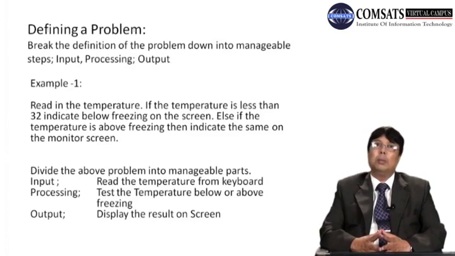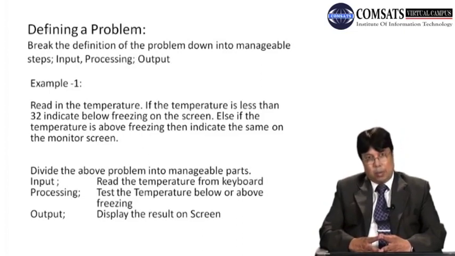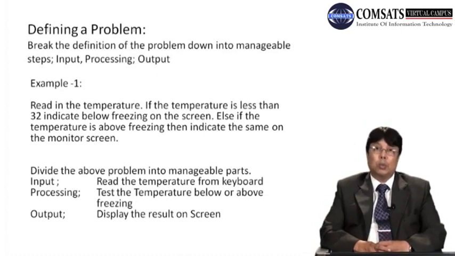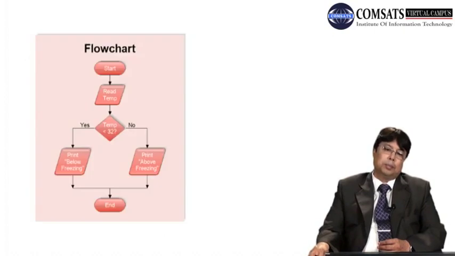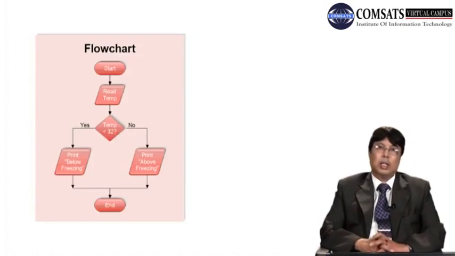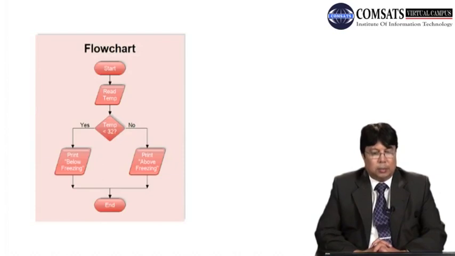If it is the same problem, then obviously we'd like to have the same definition, same input: read the temperature from keyboard; processing: test the temperature, level of temperature; output: display the result on screen. Okay, this is your first flowchart.